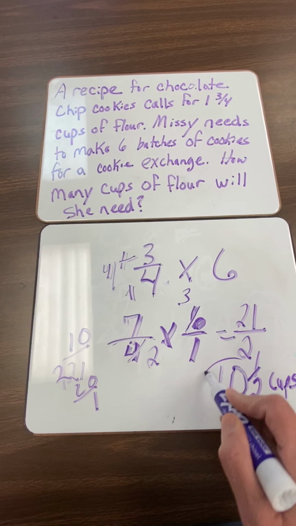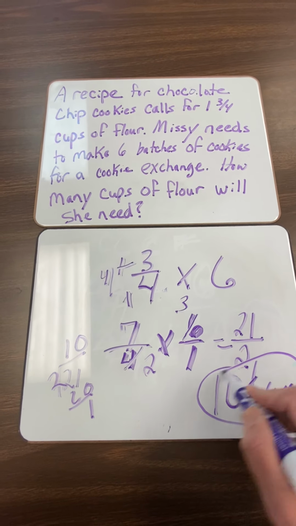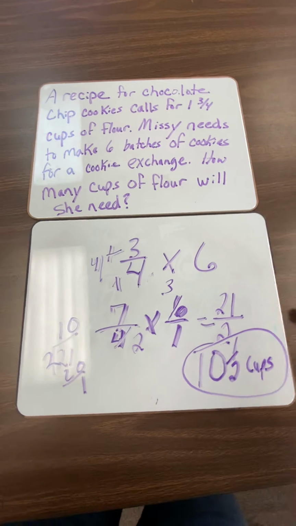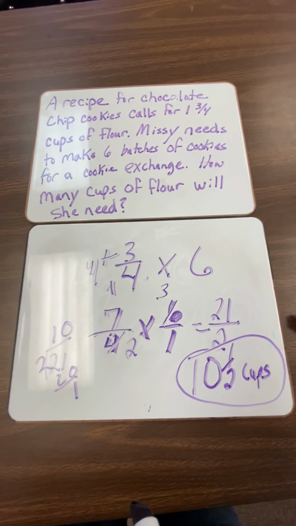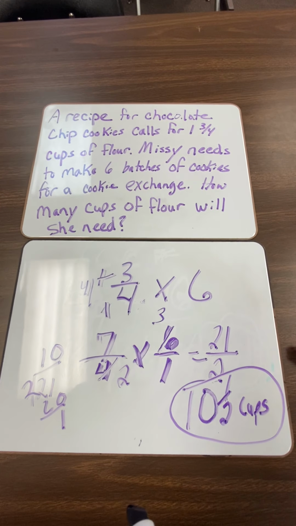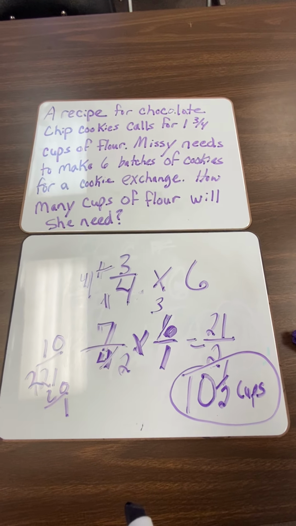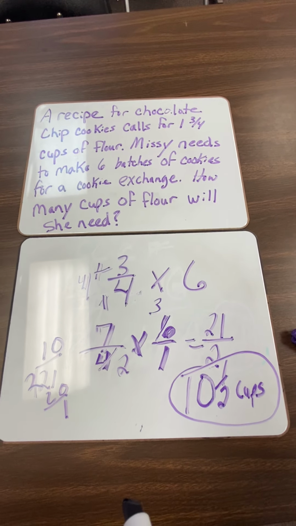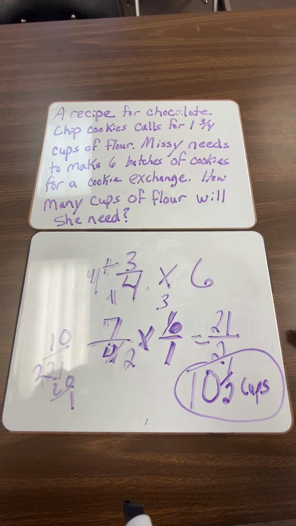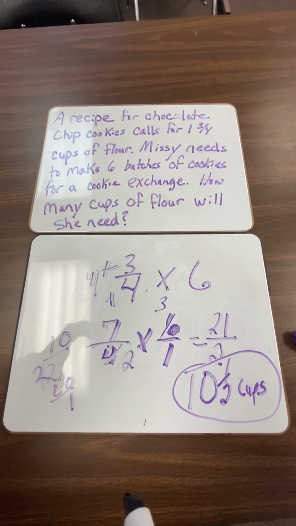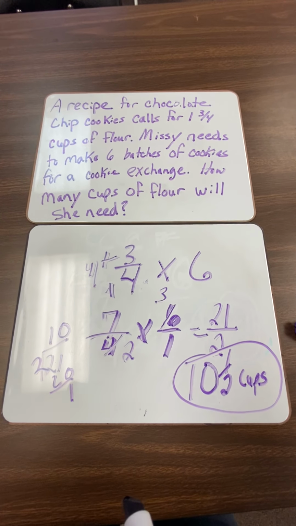Okay. So I hope, just make sure when you're doing word problems, guys, always when you're finished with the problem, go back, reread the problem, and ask yourself, does the answer I got make sense within the problem?